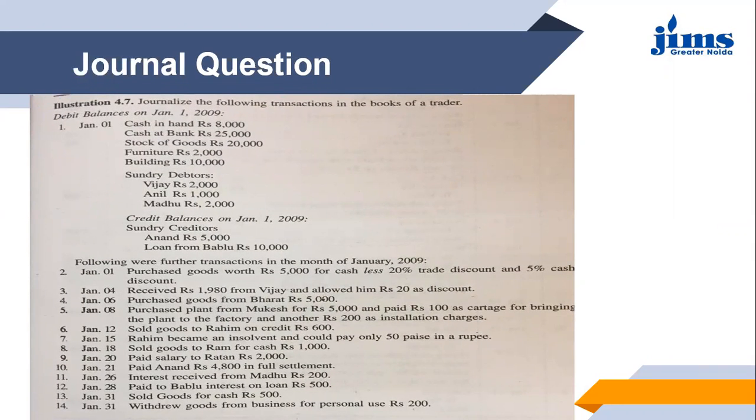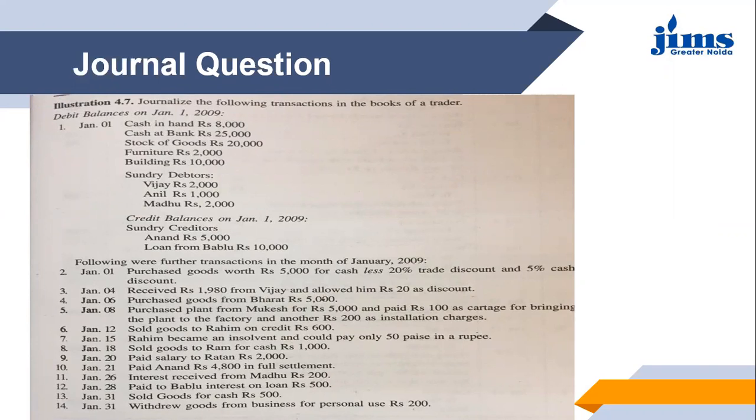Now let us take up the next financial transaction occurring on the 4th of January. Received 1980 from Vijay and allowed him 20 rupees as discount. Now we'll go back to Vijay because no transaction has occurred till 4th January with Vijay. So we'll see the debit balances or the credit balances at the beginning given here. Might be this is the payment related to some previous transaction.